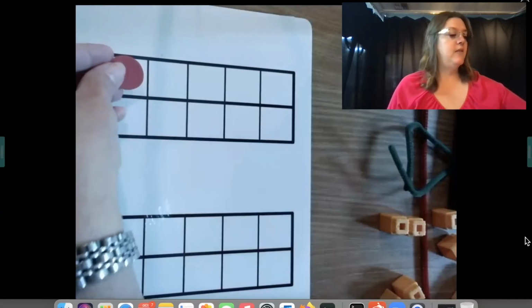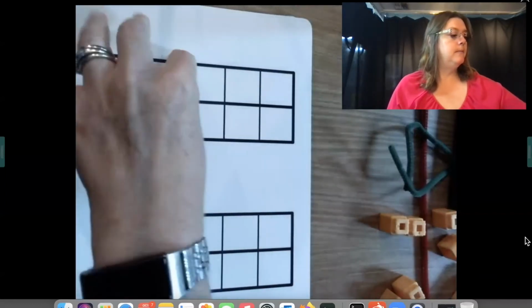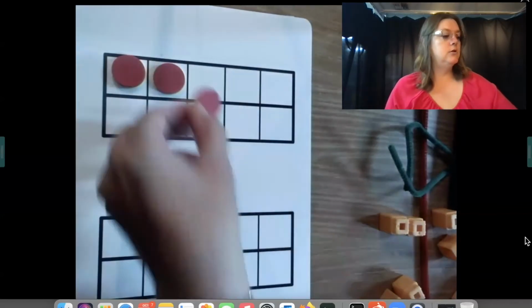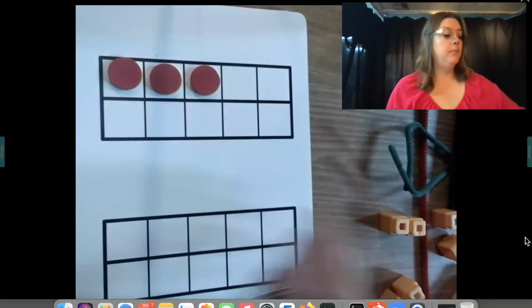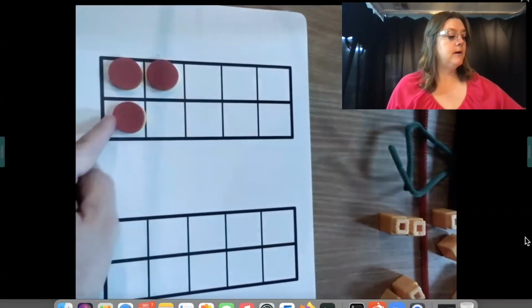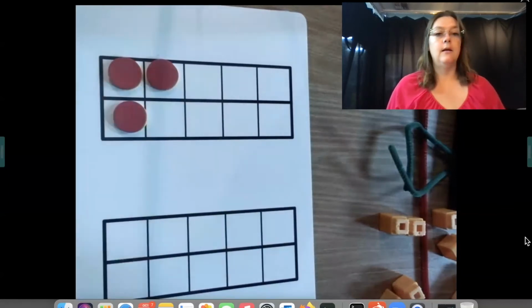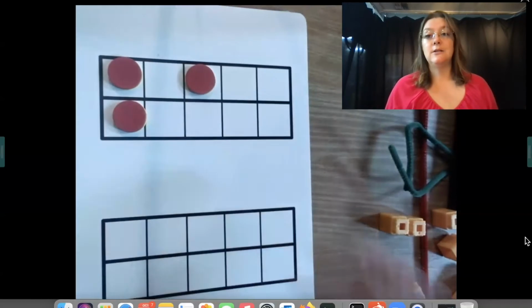So one of the things that I like to do with my students is that we just lay these out and we count 1, 2, 3, and they start to see that's 3. But they also see that this is 3. 1, 2, 3. They also can see that this is 3.